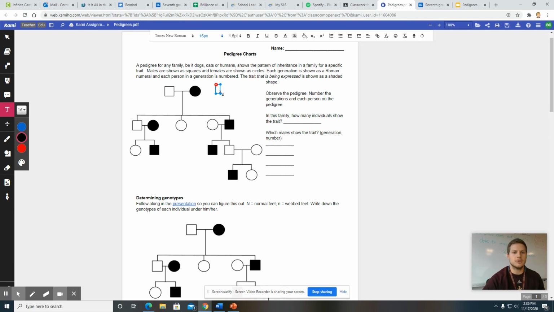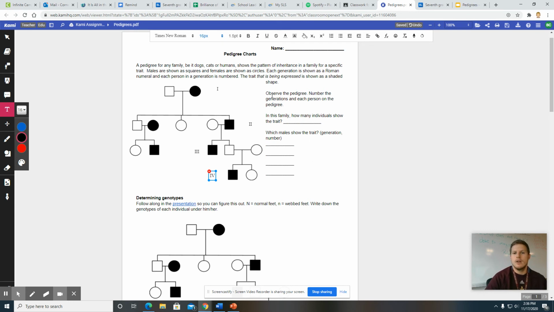So this is going to be similar to what we had. We have capital I here because that is Roman numeral 1, showing the first generation. This one down here is Roman numeral 2, showing the second generation. This one over here, I'm going to put right here in the middle to make it easier to see. This is Roman numeral 3 because it is the third generation. And then the fourth generation here is going to be IV, for the fourth generation.